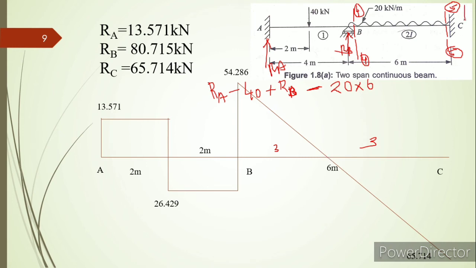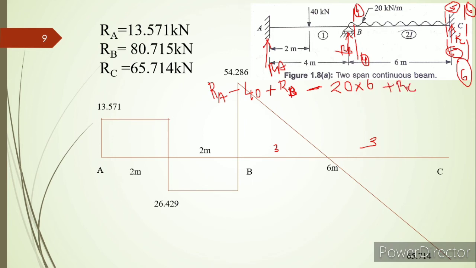Then consider the last section, just to the right of C, that is section 6-6. By considering this section, there will be a reaction RC also. So the total summation of the shear force will be RA minus 40 plus RB minus 20 into 6 due to this load, plus one more term RC.